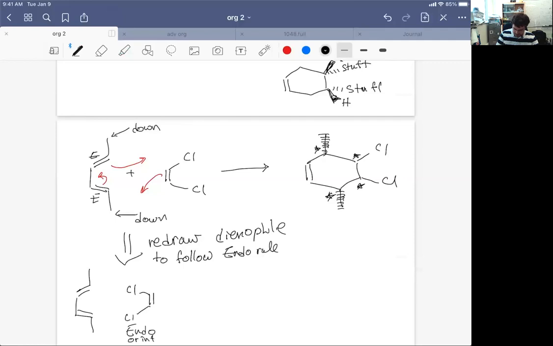I've just literally flipped that over so that I can put the smaller stuff over here to be two H's. Now I'm going to consider a perspective drawing. So the chlorine atoms are going to fire underneath the forming ring, whereas the H atoms are going to be exo and exiting the forming ring.